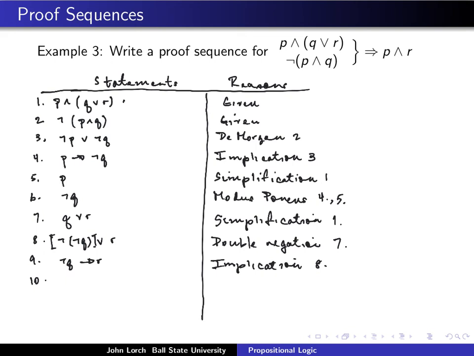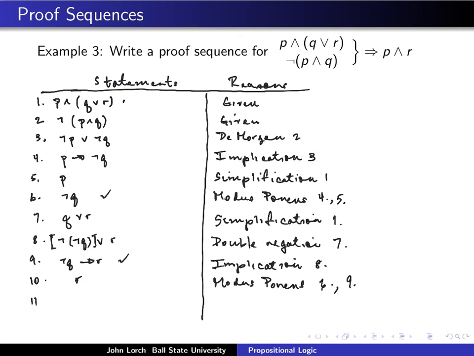All right, now notice we have not Q and we have if not Q, then R. So that allows us to infer R from modus ponens. And that's in lines 6 and 9.